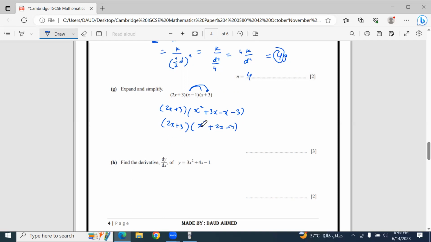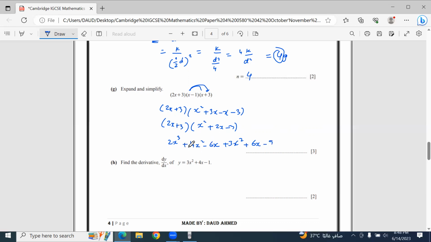So then 2x multiplied by x gives us 2x cube plus 4x squared minus 6x plus 3x squared plus 6x, and then 3 3s are 9.